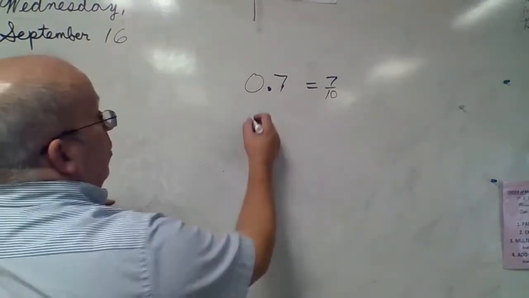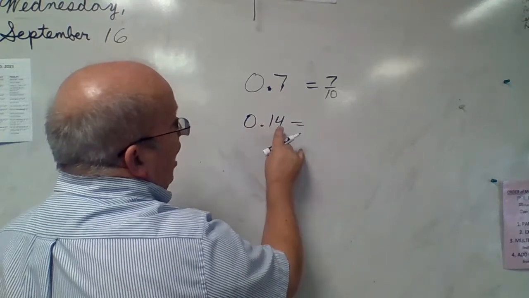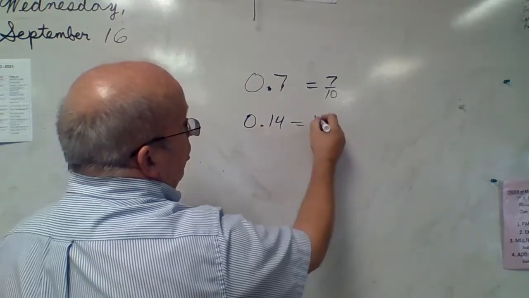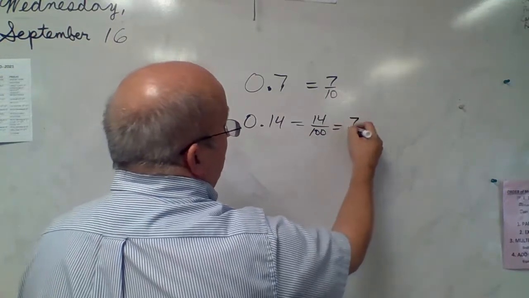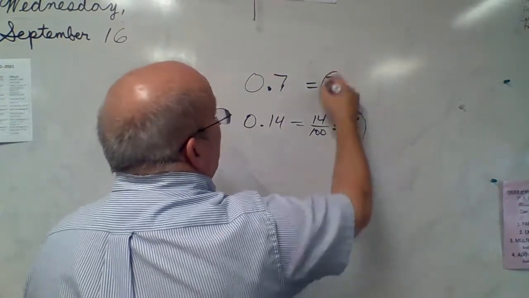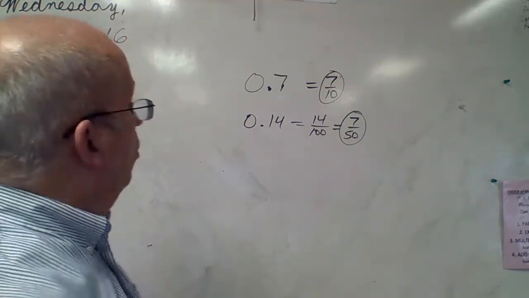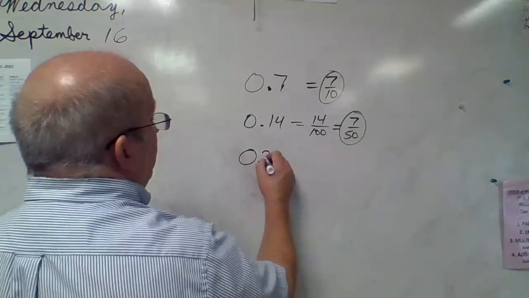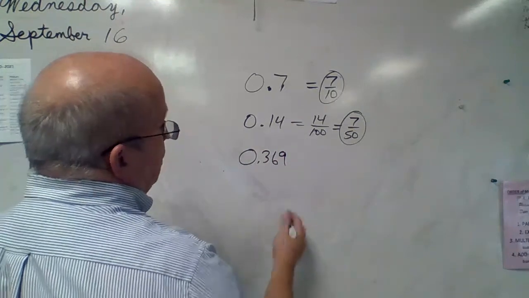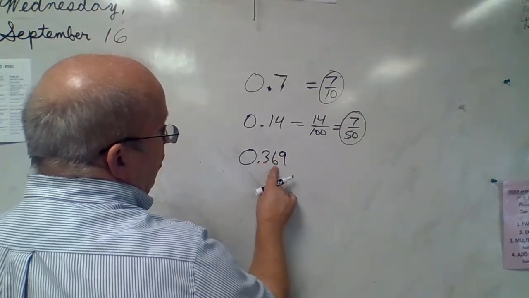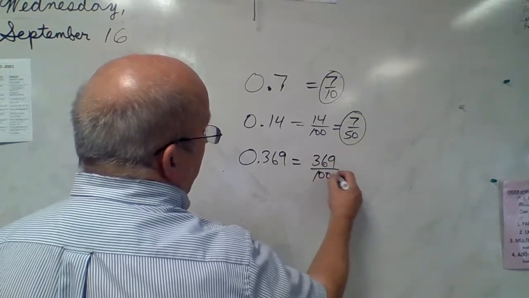Let's try another one. What if it's 0.14? That's occupying the tenths and the hundredths place value, so I write it as 14 hundredths. Can I simplify it? Yes. Divide by 2, divide by 2. There's my final answer, 7/50, right? What if it's 0.369? Well, I'm occupying the tenths, the hundredths, and the thousandths spot, so I'm going to write it like this.